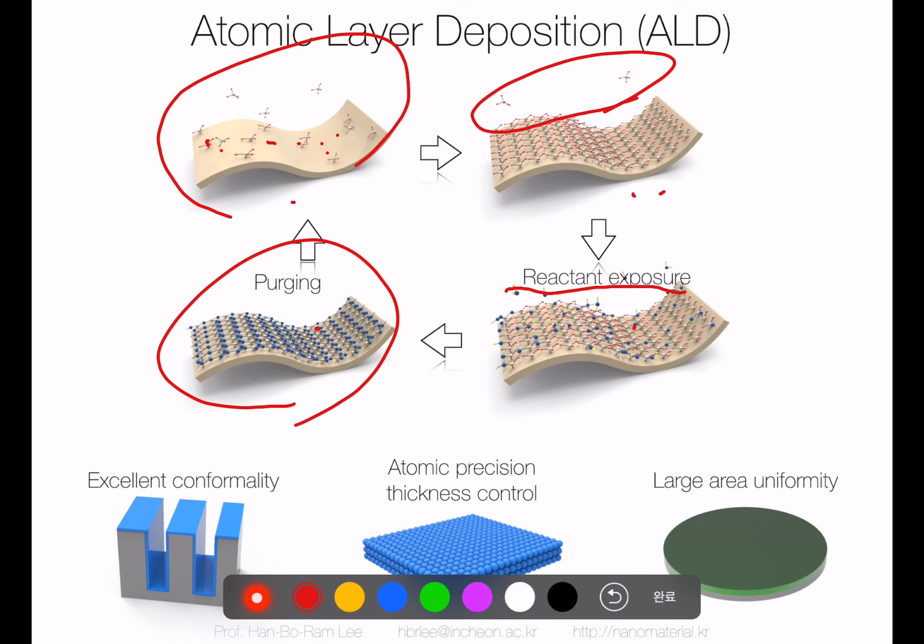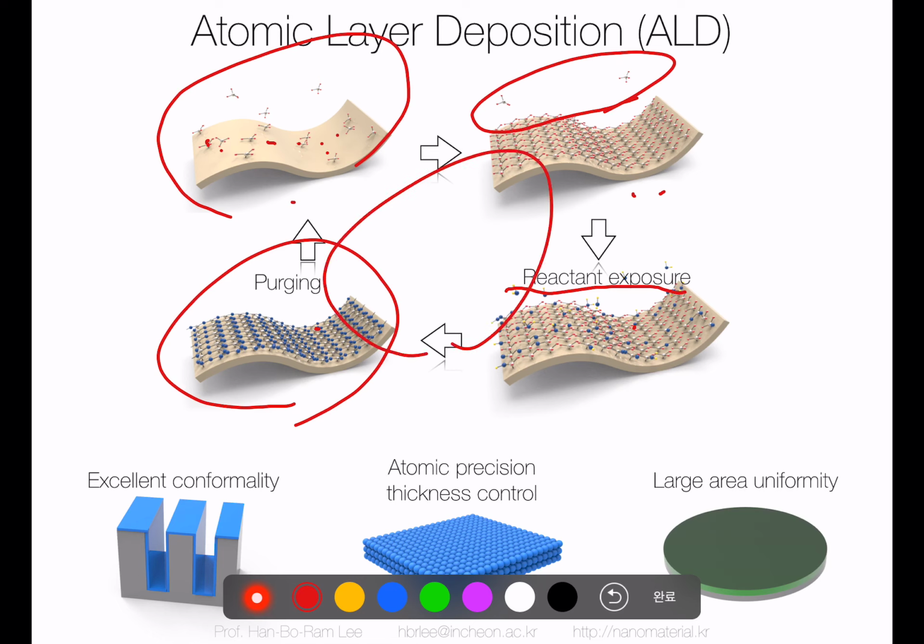Because of that, ALD film is formed only on the surface through surface reaction only. So we can make excellent conformality, and we control the deposition by controlling the number of cycles.